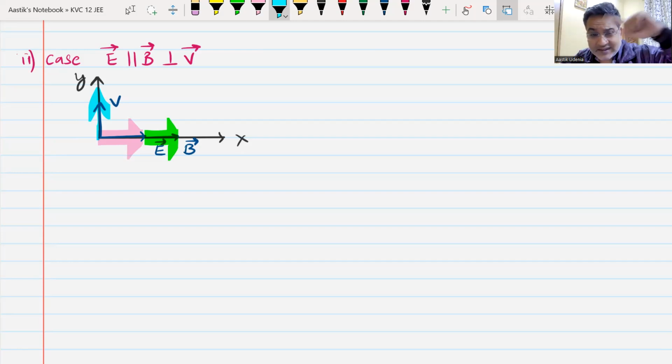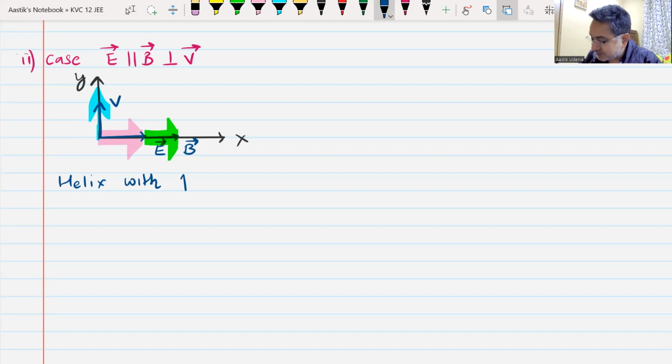So this will be a helix with increasing pitch. Pitch will not be constant because velocity along the x-axis is increasing. Do we understand this? Yes, sir. So this will be a helix with increasing pitch. I am assuming that this is a positive charge.